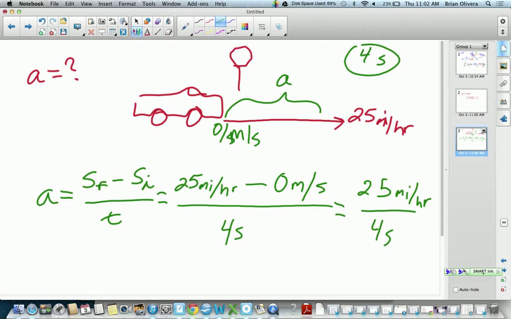But where I made an error is I should have said 25 meters per second. So if I said the car is at 0 meters per second and it got to 25 meters per second, just reason that portion of it.